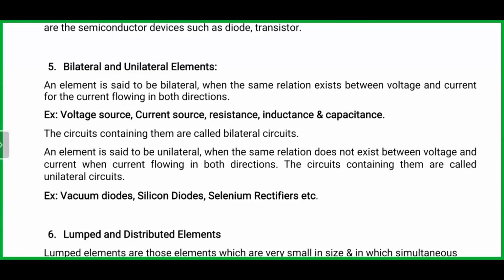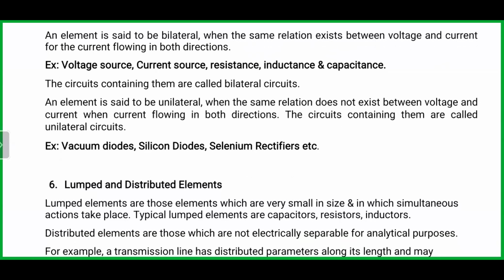Then we have lumped and distributed elements. Lumped means cluster, and distributed, you understand distributed. The lumped elements are those elements which are very small in size, in which simultaneous action takes place.